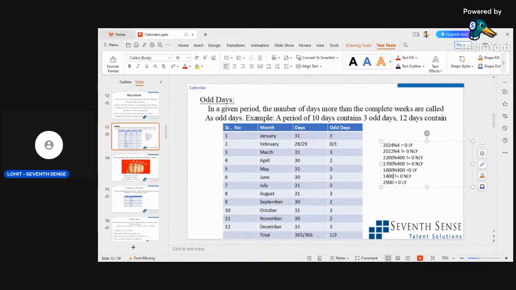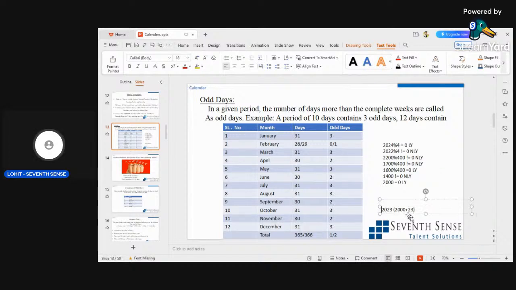Now we need to calculate till the previous year, from 0 to 2023. So I am going to divide this 2023 into 2 parts, that will be 2000 plus 23.